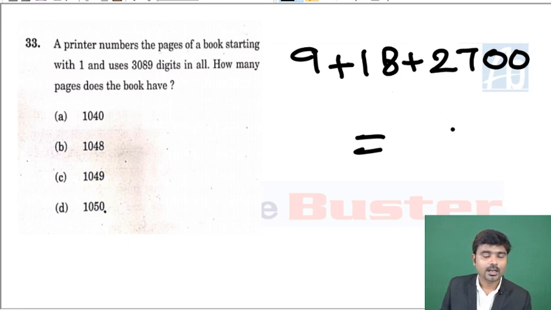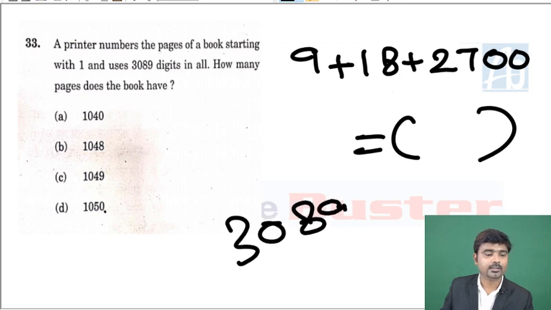After adding these, subtract 3089. If you subtract 3089, the remaining is how many numbers will be there?